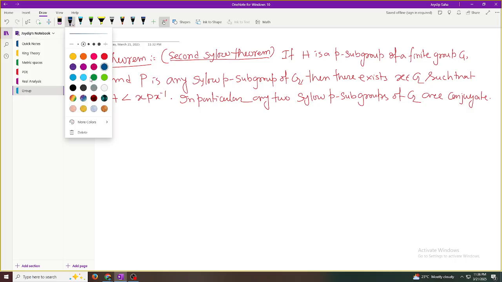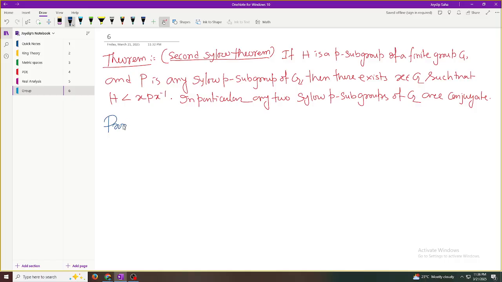Proof. The proof is easy. Let S be the set of all left cosets of P. Why am I taking S to be the set of left cosets?